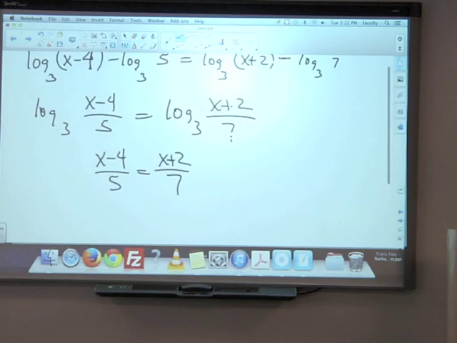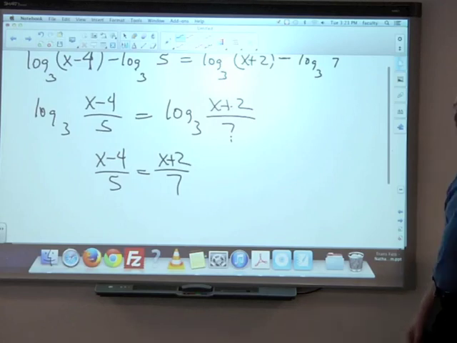Remember I said that if the log of A was equal to the log of B, then A had to equal B. So yes, the logarithms go away. There's no name for that rule. It's not like we call it the Michael St.John rule. How about that? But if you want to name it.